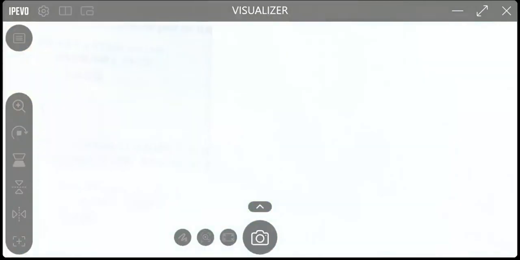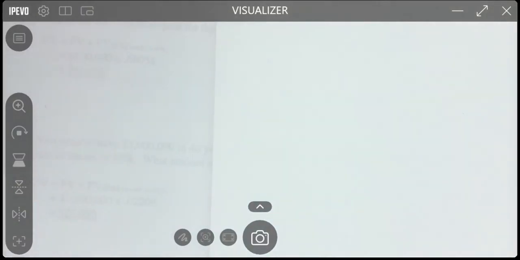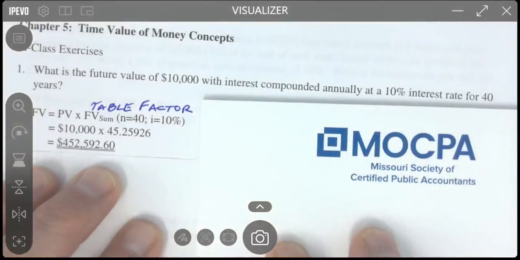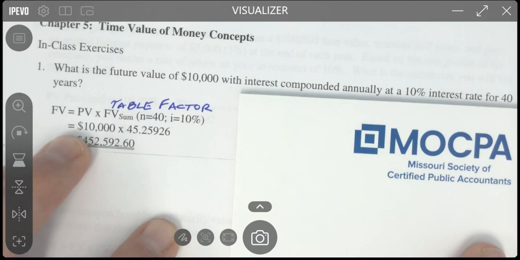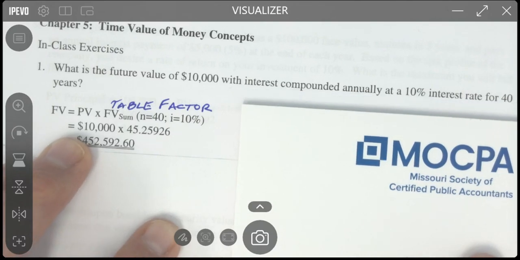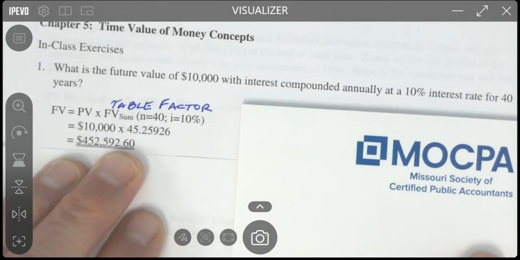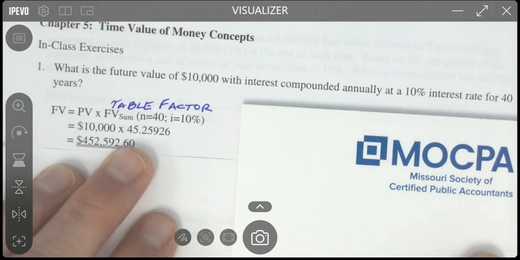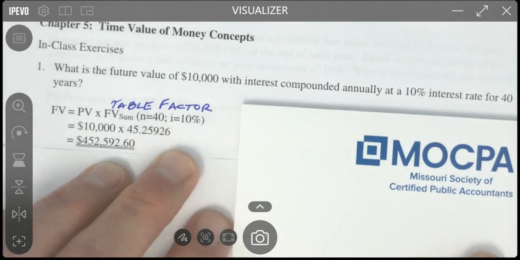And when we multiply the $10,000 present value, that's what we have invested today, for 40 years, it'll grow to be $452,592.60 in 40 years if our investments yield 10%.